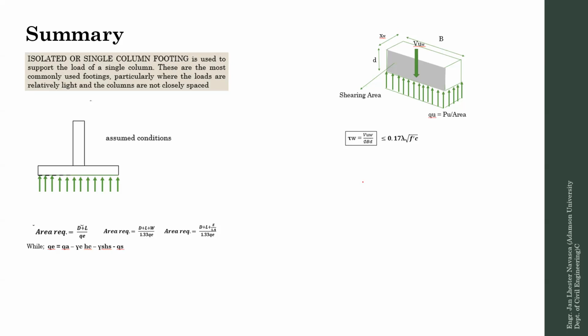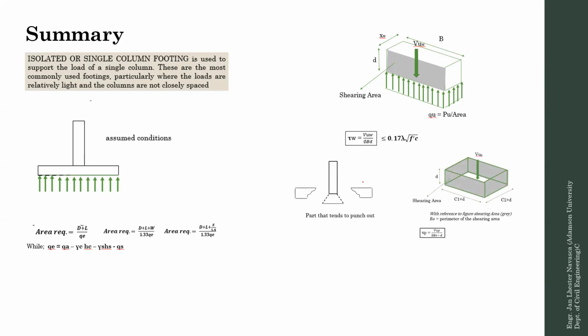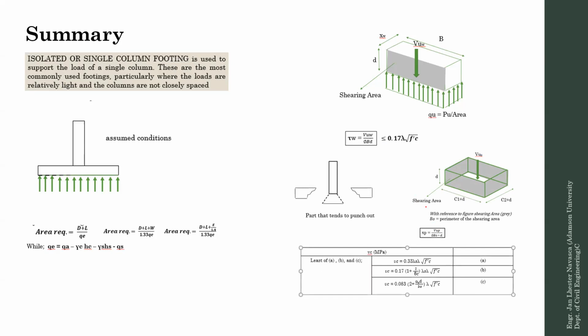Di ba? And also, we have your two-way shear or the punching shear. And the same assumption, your Vu sub p comes from the uniform pressure below. And your actual demand punching shear stress is equivalent to this equation, and your capacity is the least of these equations. So we have a size modification factor in ACI 2019.